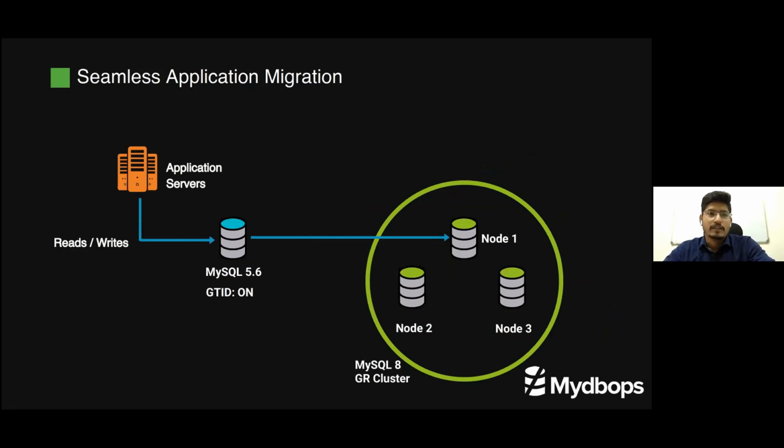Then comes the second part of the migration, which is routing the traffic to the newer environment, seamless application migration. Consider all your applications connecting directly to 5.6, and we want to migrate every application to the GR cluster.